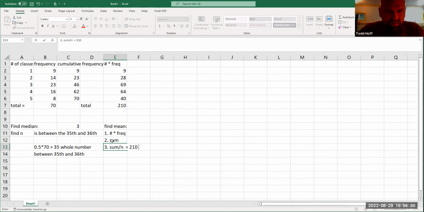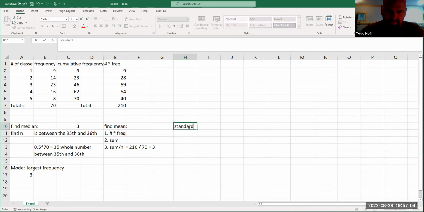So here that'd be 210 divided by 70, which gives us a mean of 3. So there's our mean and our median. Both of them came out to 3 for this data set. The mode would be easy to find. It's just going to be the largest frequency. Largest frequency is 3, because there's 23 3s. So mean, median, mode are all the same number.